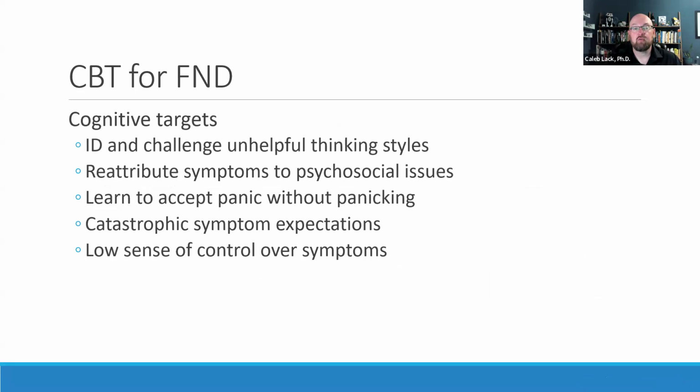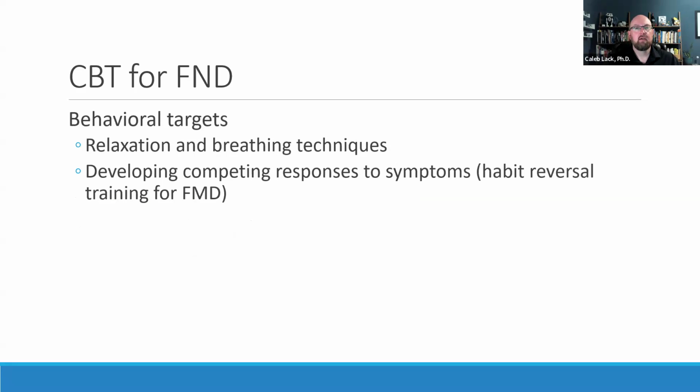Much like we see in panic disorder, where I'm learning how to accept panic, but not going to a full panic attack. And then addressing things like external locus of control versus internal, or what are my expectations for different kinds of symptoms. Again, not too far off from what we see in a lot.